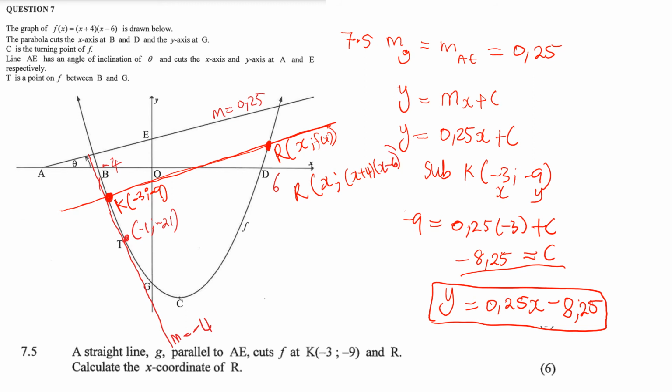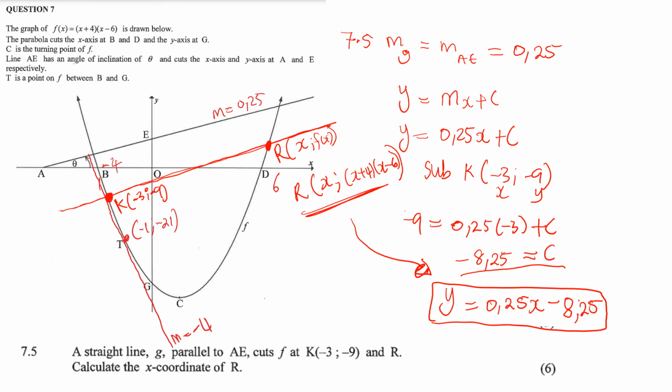So that we can now substitute our R into our equation and solve for x. When we solve for x, we'll be solving for the x coordinate of R. So that's the strategy that you have to apply here. Let me repeat that. We are rewriting R in terms of x and y because it's a coordinate. It must have x and y.